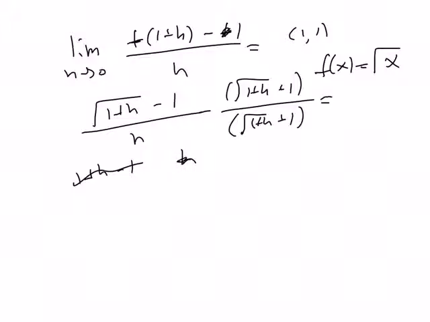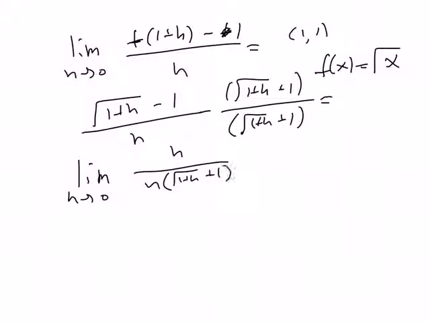So this becomes the limit as h goes to 0 of h over h times the square root of 1 plus h plus 1.